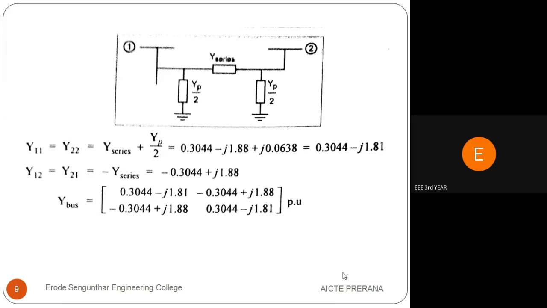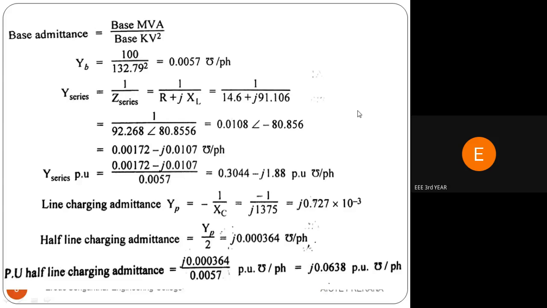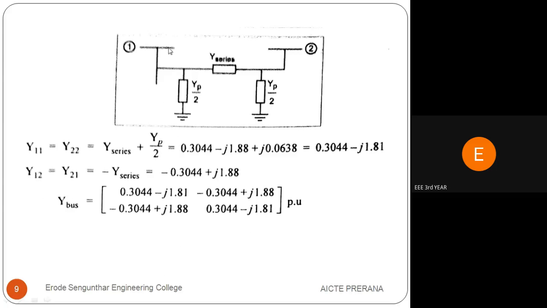This sequence circuit network is drawn from the given diagram. The diagram consists of 2 buses, and the 2 buses are connected with a transmission line, and the transmission line has line charging.